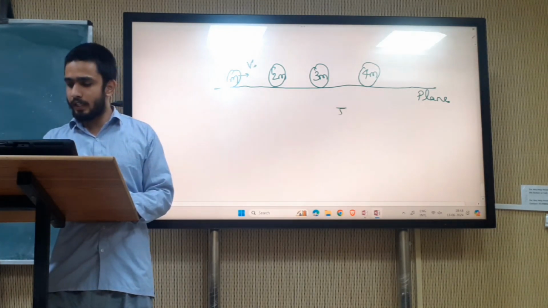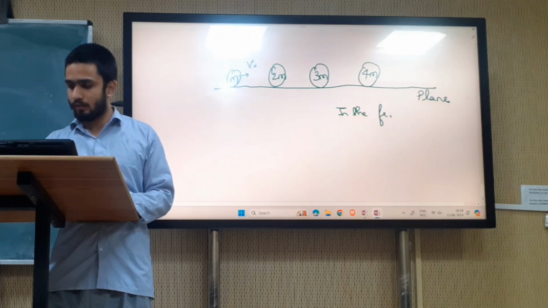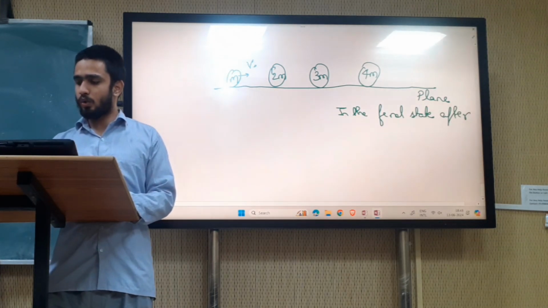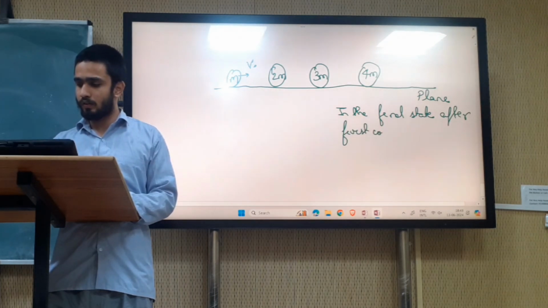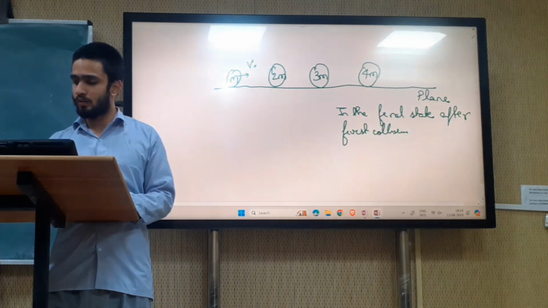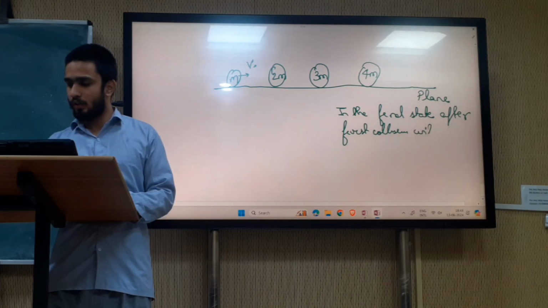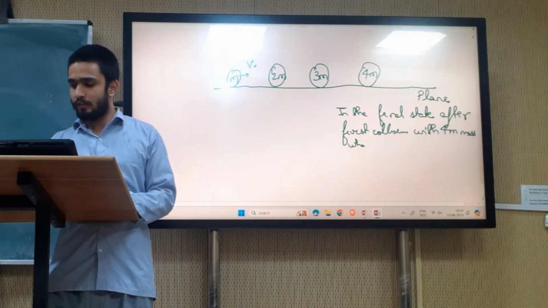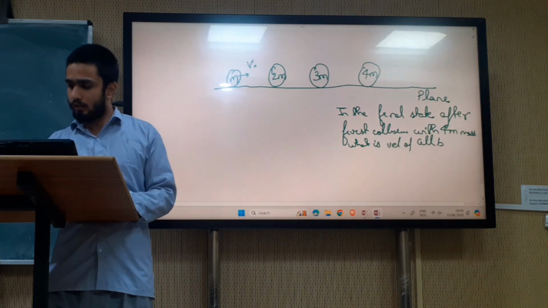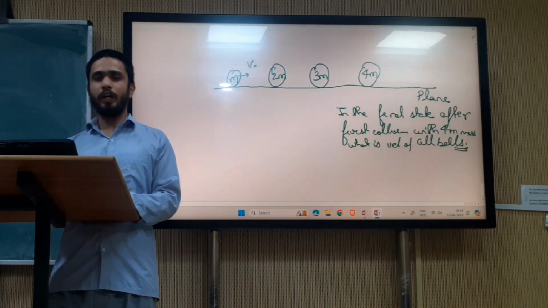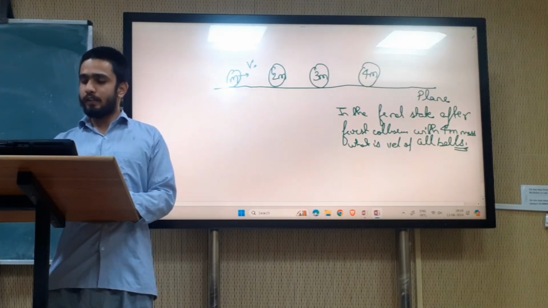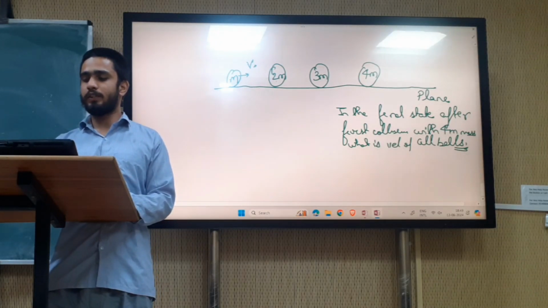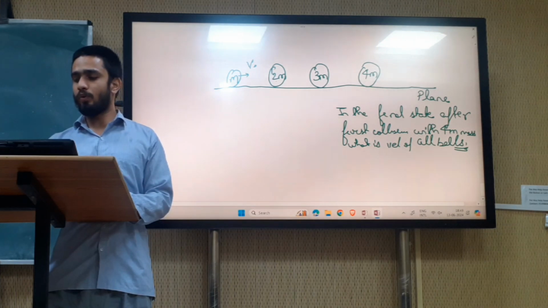In the final state, after the first collision with the 4m mass, what is the velocity of all the balls? Suppose this collides with this, which collides with this, which collides with this, and we have to find the velocity.